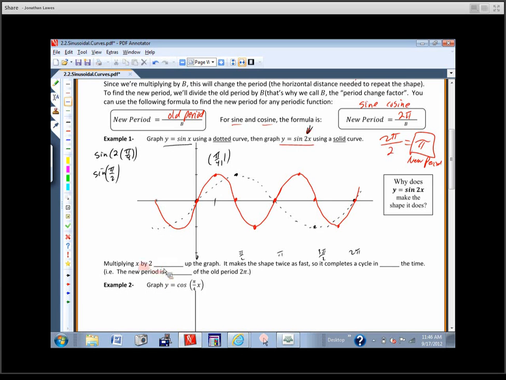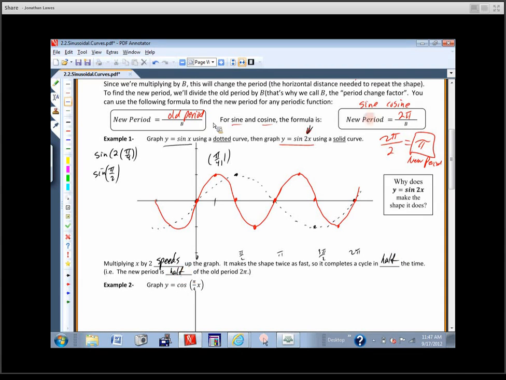Multiplying by 2 speeds up the graph. It makes the shape twice as fast, so it completes a cycle in, what are we going to put there? Half the time. So the new period is half of the old period.